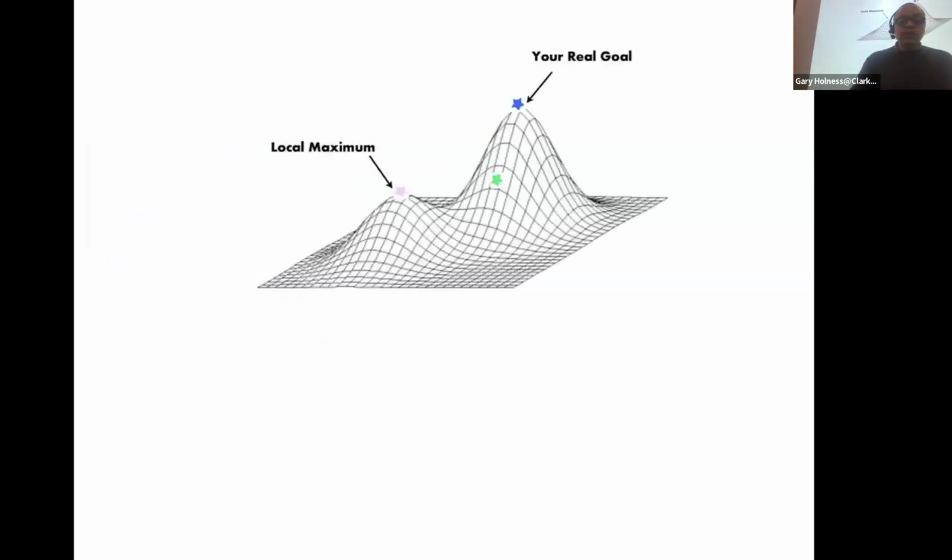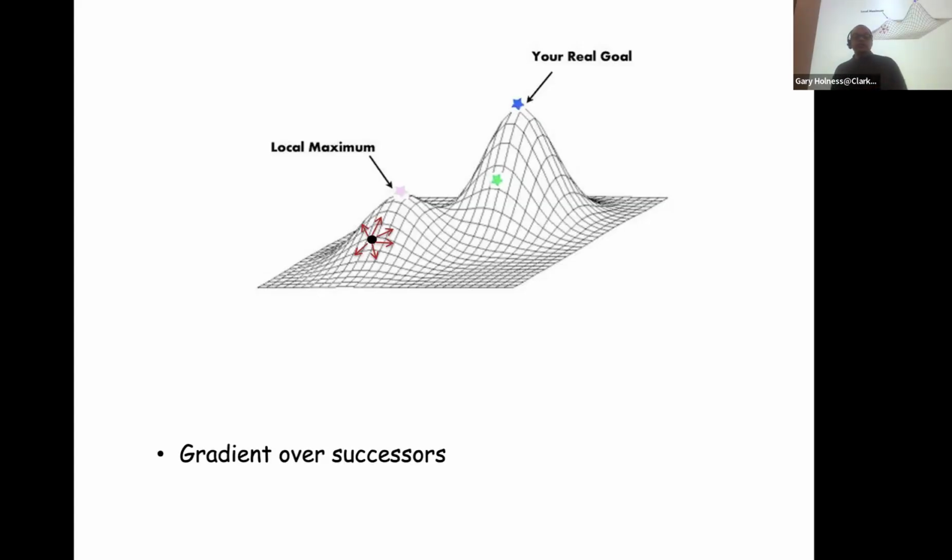Okay. So when we look at hill climbing, we have a prototypical landscape. And you have your goal, you have a local maximum, and you have some peaks and some valleys. So you're in some location, you measure the gradient over your successors, and mathematically you can think of that as fitting a plane over this three-dimensional surface.